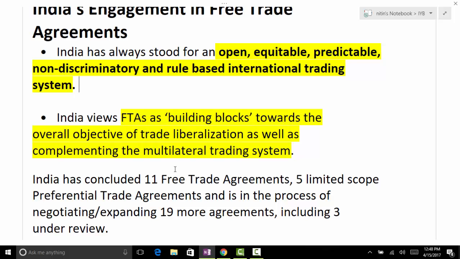The whole world has a free trade agreement among all the countries. When you restrict it, it's not multilateral trade. It could be mega regional trade, as you find these terms mentioned for TPP, RCEP, TTIP. क्या है ये? Mega regional trading blocks.